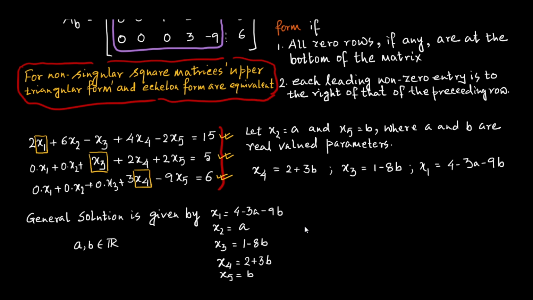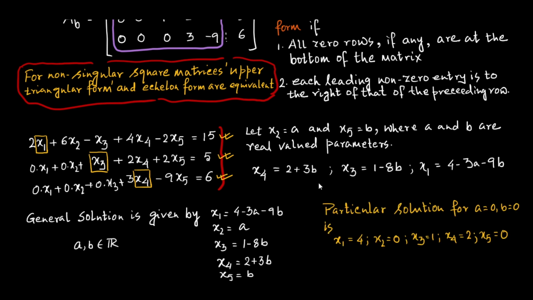So this is known as the general solution. For particular values of a and b, we can find a particular solution. For example, if a and b are both 0, x1 equals 4, x2 equals 0, x3 equals 1, x4 equals 2, and x5 equals 0. You can check that these values satisfy all the equations in your system.